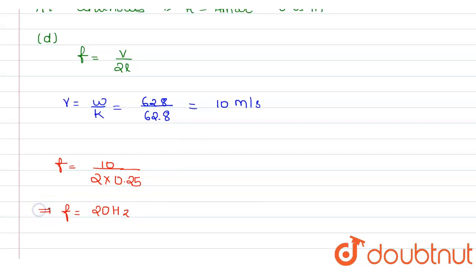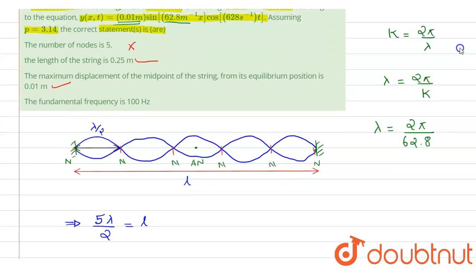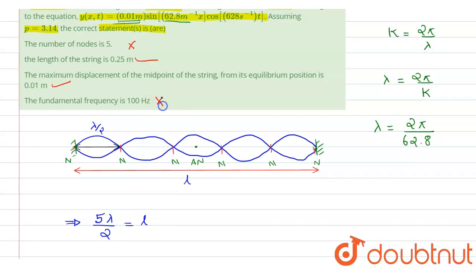So our fundamental frequency will be 20 hertz. But in the option, the value of fundamental frequency is given as 100, so it is false. So this is our question and we have completed it.